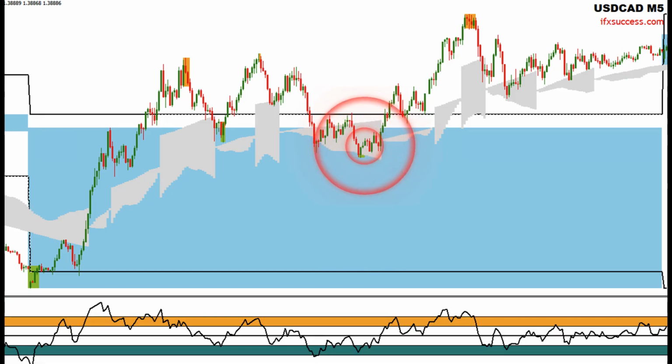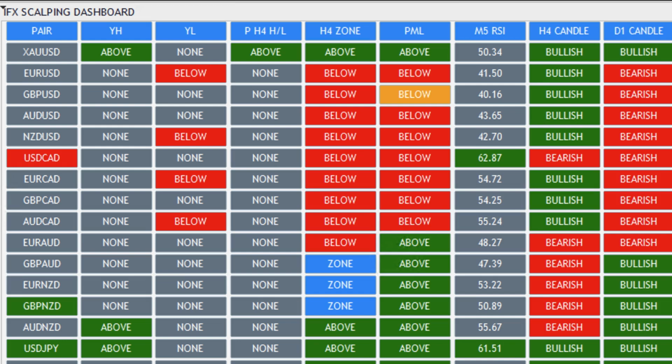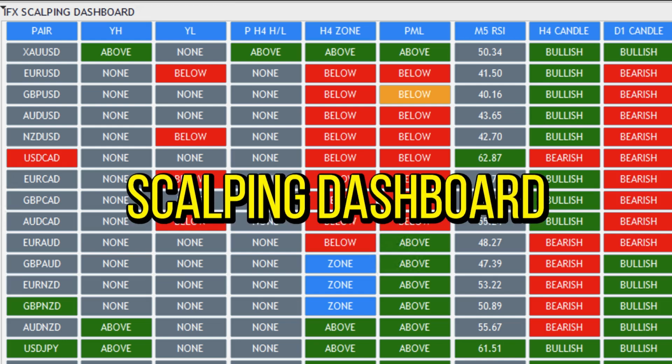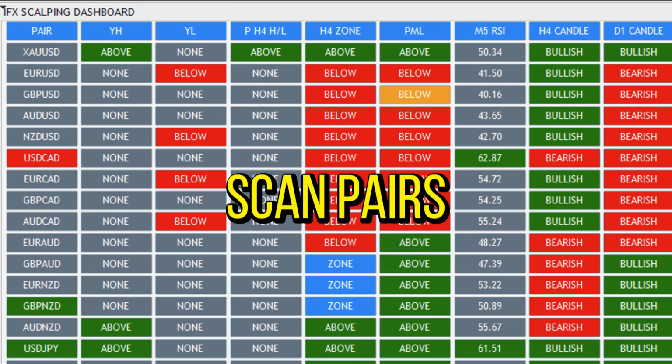Now that you understand the structure of what a buy or sell entry should look like, using the indicators on the chart, we can move on to the scalping dashboard. The dashboard allows you to quickly scan multiple pairs to see which ones look promising for further analysis.